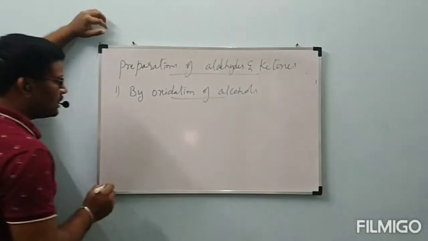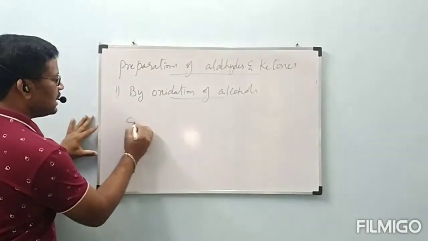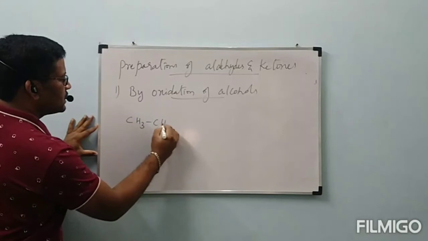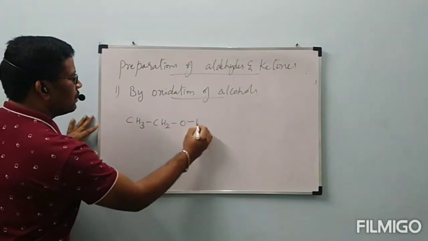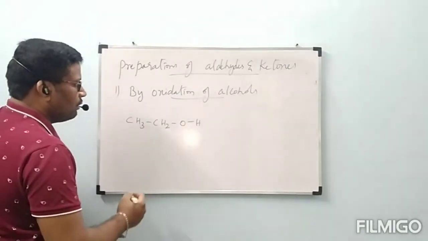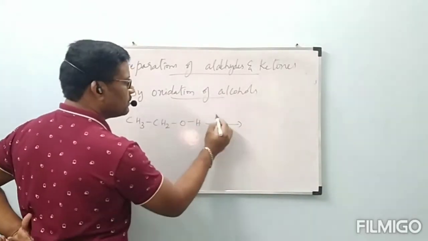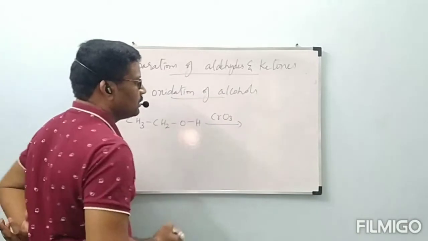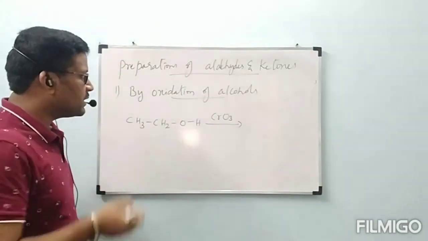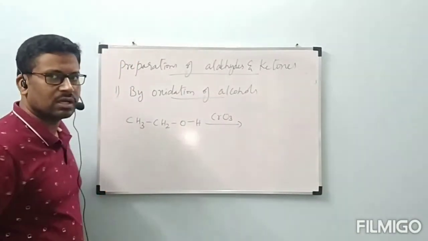Now let us consider any one primary alcohol, CH3 CH2 OH, which will be reacted with a weak oxidizing agent, no problem, that is CrO3. In the presence of the oxidizing agent, alcohols will undergo oxidation.